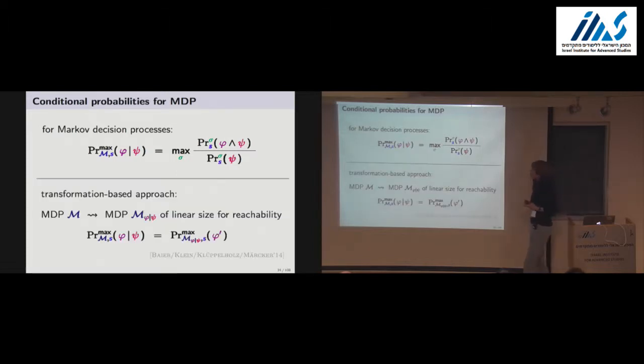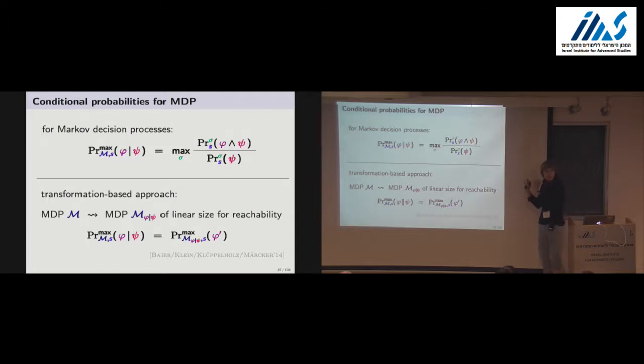The technique that can be used is a transformation technique, which starts with two events phi and psi and generates a new MDP, which depends on phi and psi and is small in case the properties phi and psi are simple ones.